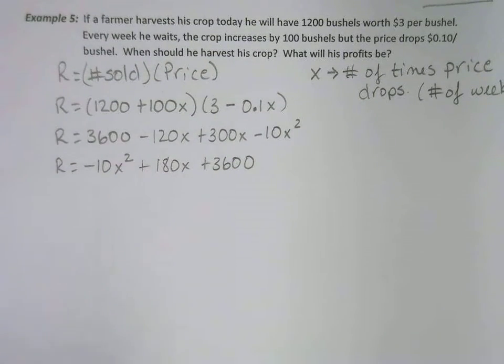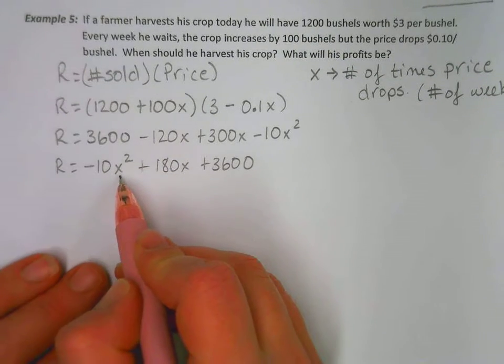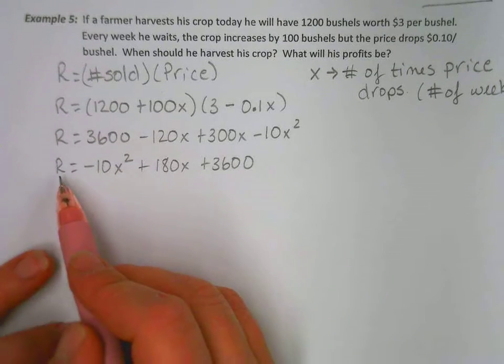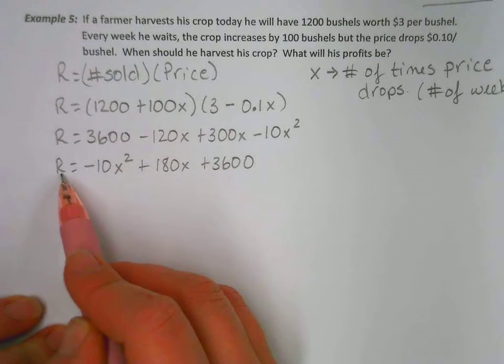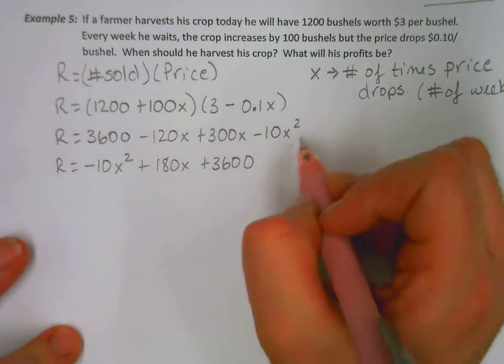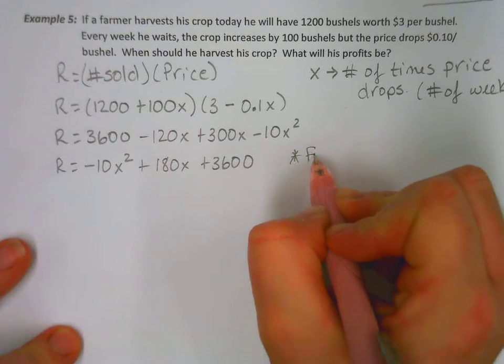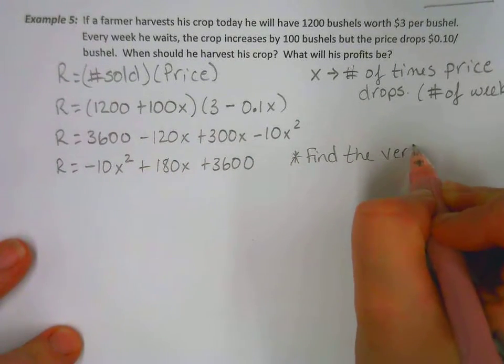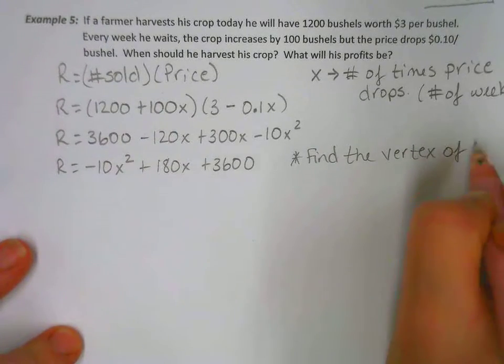All right, so what are we looking for? What two things are we talking about here? X is the number of weeks that it takes before he harvests his crop, and R is the revenue. So this is his profits, and we want to maximize his profits. We want to find that maximum profit. So what we're trying to find here is the vertex of the quadratic.